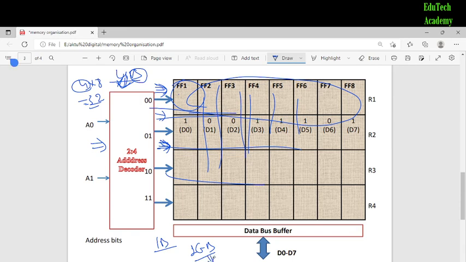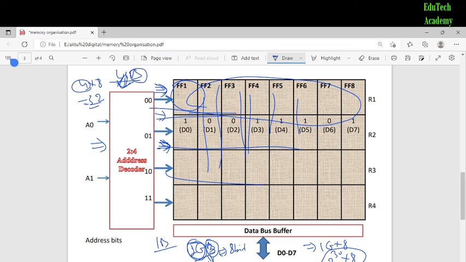A 1 GB memory can have a total of 1G registers, and each register size is a byte, meaning one register can store 8-bit binary data, and this memory chip has 1G registers, meaning 1G locations. Now you can calculate how many binary bits can be stored by this memory chip. It can store 1G into 8, where 1G means 2 power 30, into 8. You can calculate how much data can be stored in a 1 GB memory.